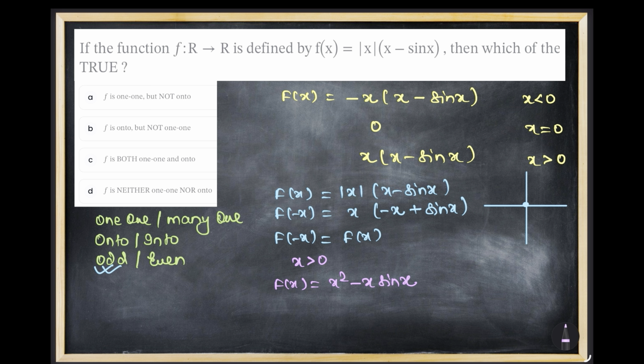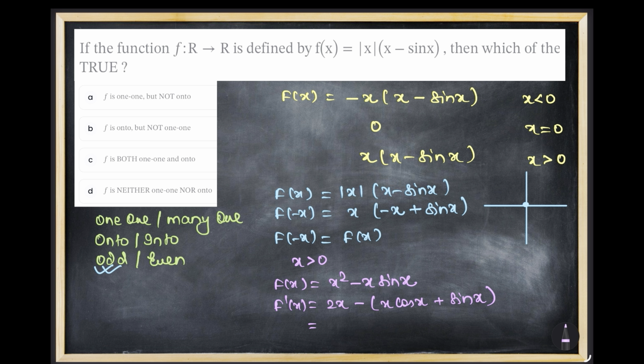Now I will use application of differentiation. If you have a little bit of knowledge about differentiation, you can understand this question gracefully. So I will try to follow the trend of this given function after x equals 0. For that, I will go with first order differentiation. So it is 2x minus, first function times differentiation of second function, cos x, plus second function times differentiation of first function, x. Done. Correct?